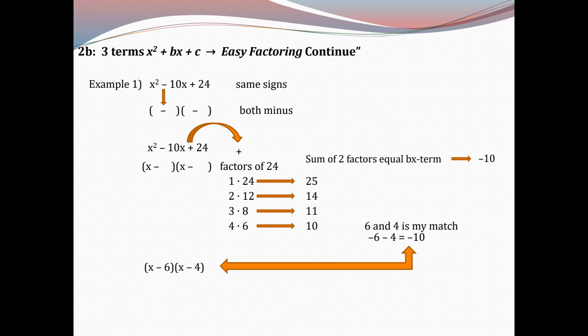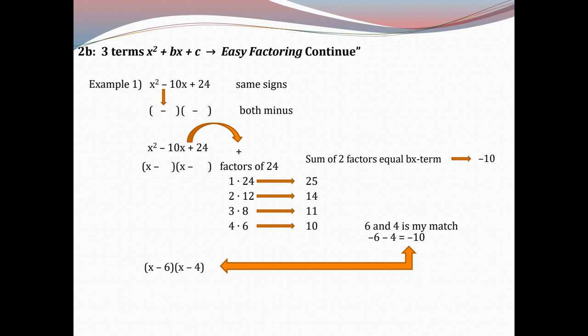The bx term is this negative 10. I do the same thing that I did with the GCF. I want to find two numbers whose product is this 24, and whose sum is going to give me the bx term. So let's first list the factors of 24 to do the product part.